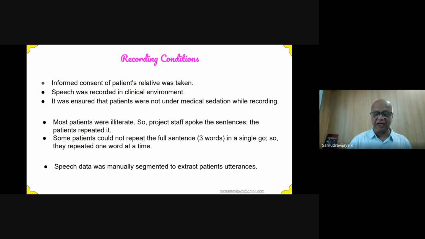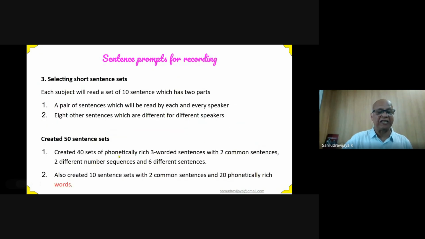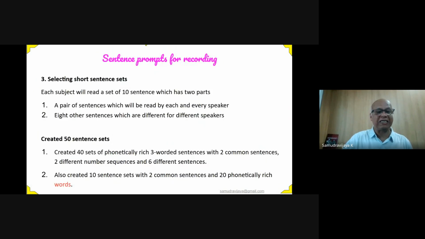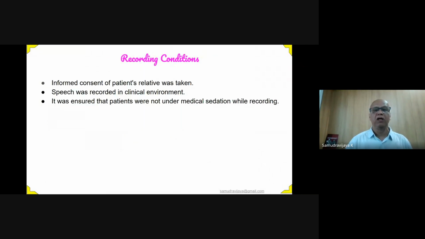Therefore, although we devised 50 sentence sets, the last 10 sentence sets contained just the common sentences and 20 phonetically rich words. This is for the case of the people who could not repeat even a full sentence in a single shot. So we had to divide this, and they repeated only words at a time.